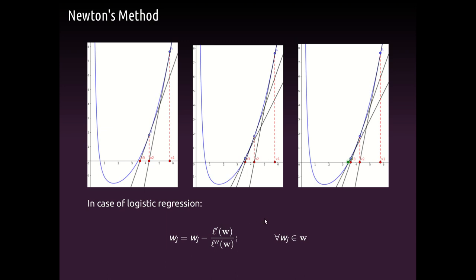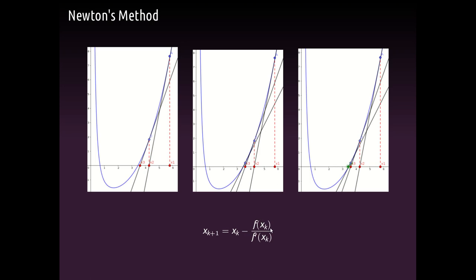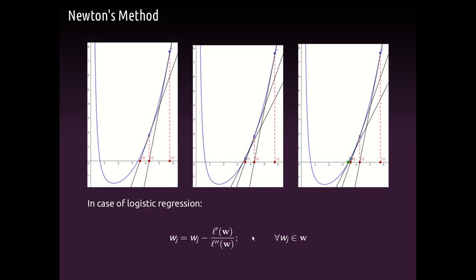So if we translate the same idea into our logistic regression model, we will say that f of x k corresponds to L dash of w, which represents the first derivative of the log likelihood with respect to the vector w, divided by the second derivative of the log likelihood with respect to w.